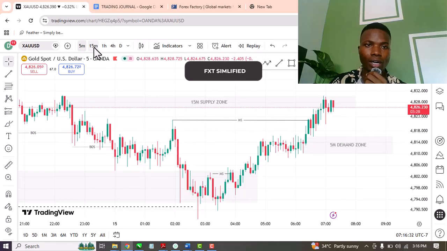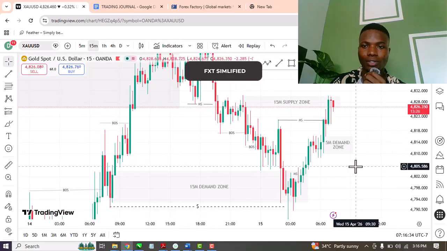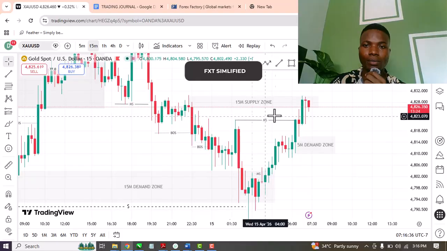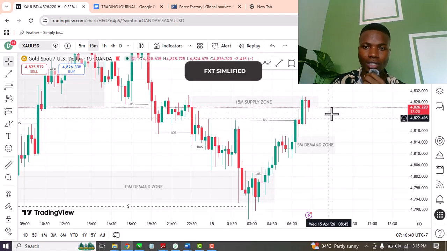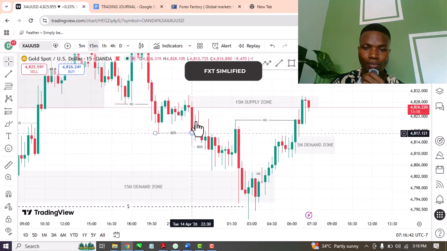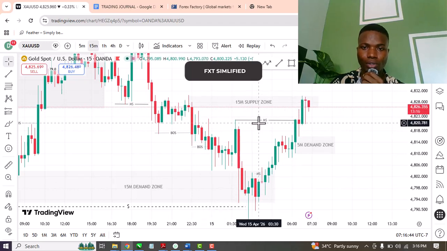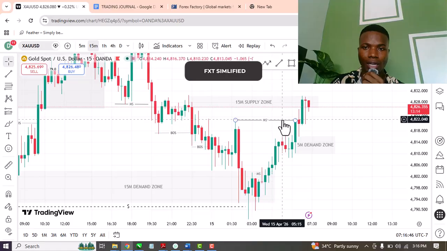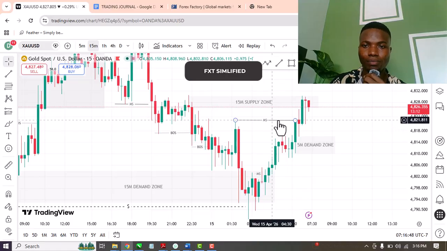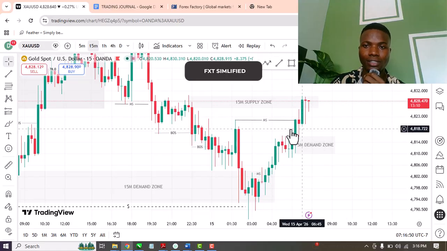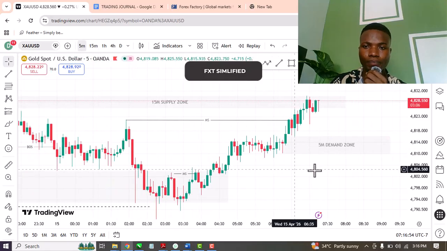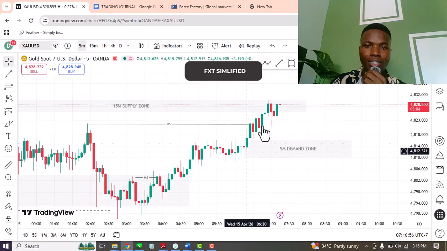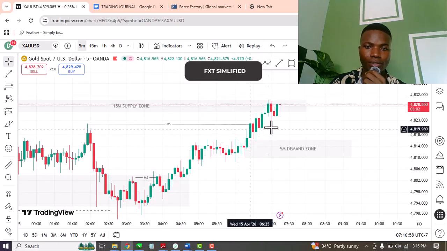At 15 minutes, price has already made a market shift to the upside, because price was coming down and it has broken this high. So it means price has broken this high and it has given us a market shift. And this is the zone that made this market shift, right?